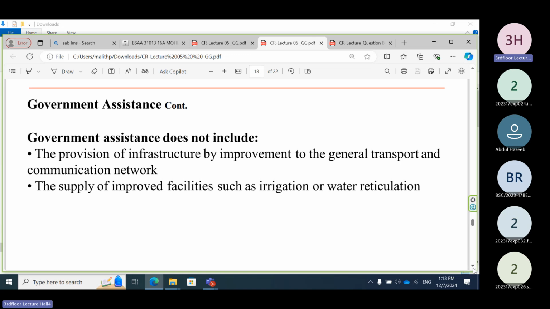So keep in mind, there's a question like this. Can you consider it? Here it asks that we have a trade system provided to the organization. So there is a manufacturing company, and it's a benefit to the organization. So we need to mention that as government assistance. But the trade system is a basic facility from the government.